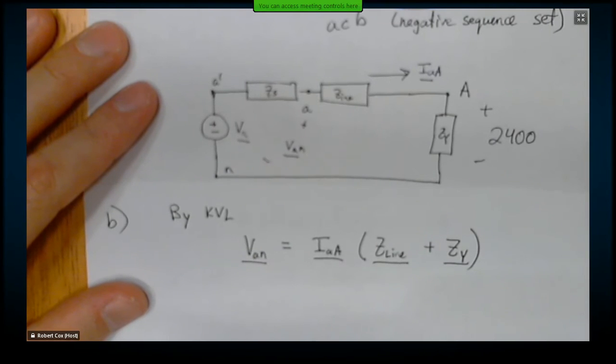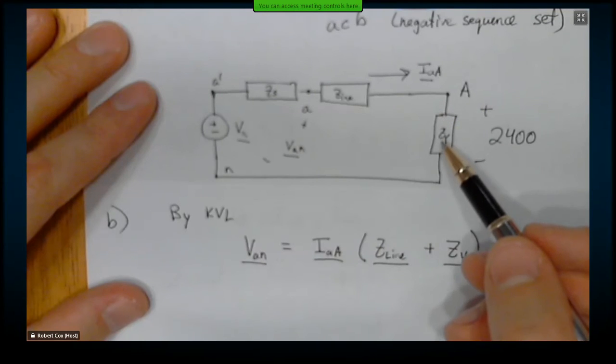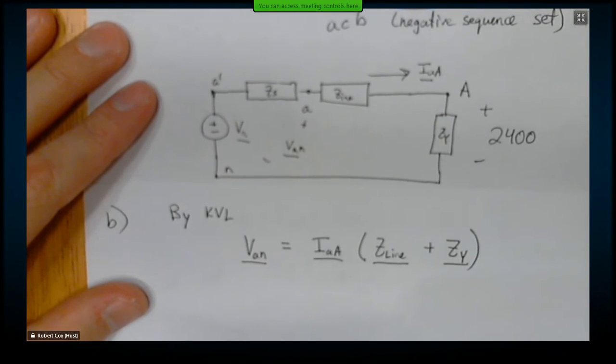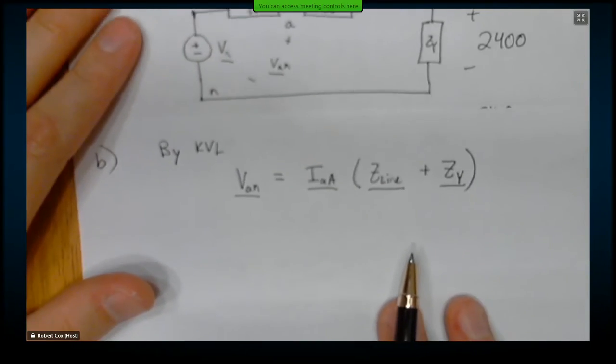I don't need to know what this is. By KVL, if I know the voltage across one half, I always know the voltage across the other half. They have to be equal.